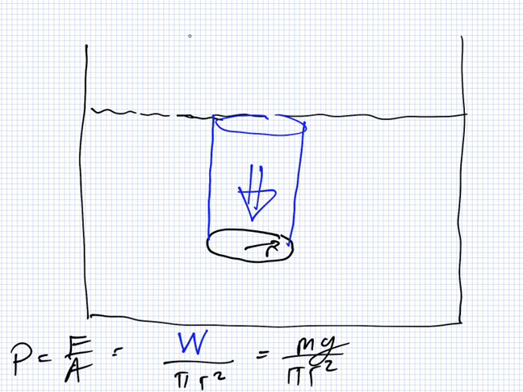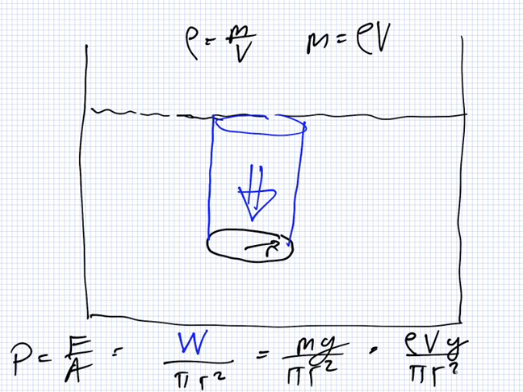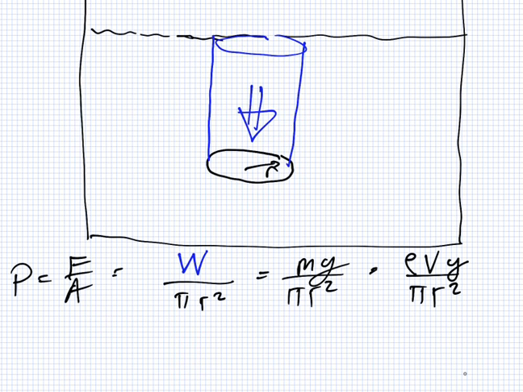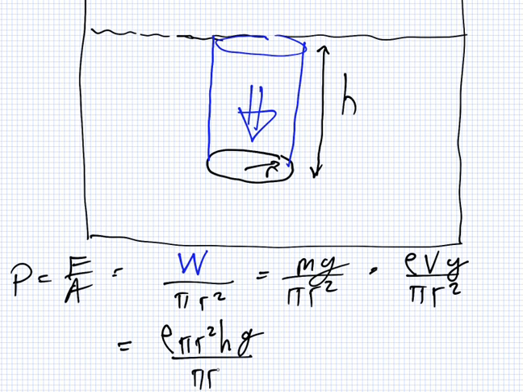Now, density is mass over volume, so mass is density times volume. So this is density times volume times g over pi r squared. Now the volume, what shape is this? A cylinder. So this will be density times pi r squared h times g over pi r squared, which equals density times g times h.